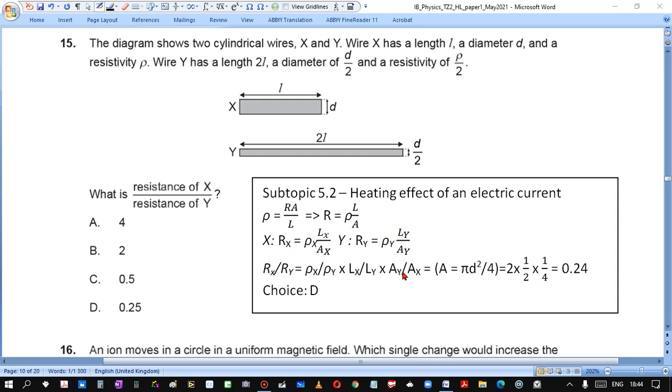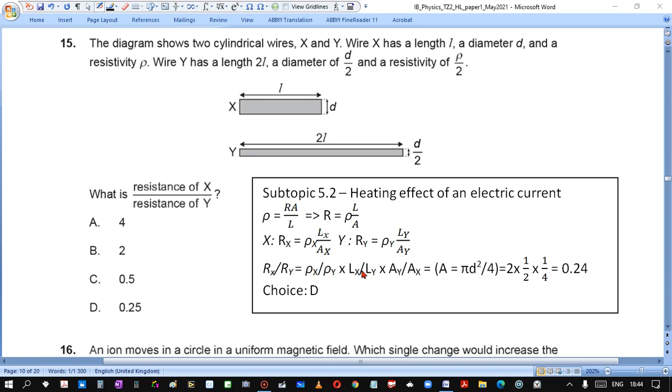Okay, so because diameter decreased 2 times, the ratio will be 1 over 4. So we get choice D. So resistivity of R is 2 times more than Ry.